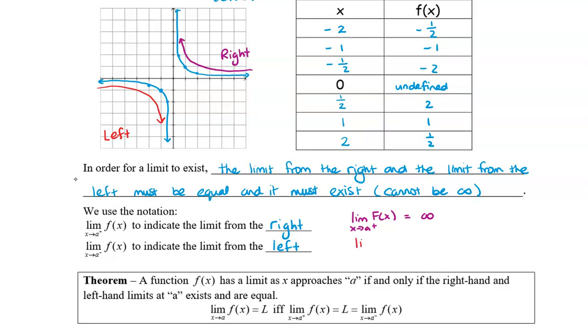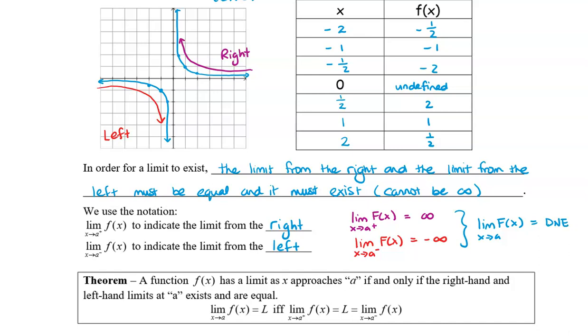So we would say that the limit of f of x as x approaches a from the left is equal to negative infinity. Now when you combine both of these together, the limit of f of x as x approaches a, since they are not the same, we say that the limit does not exist.